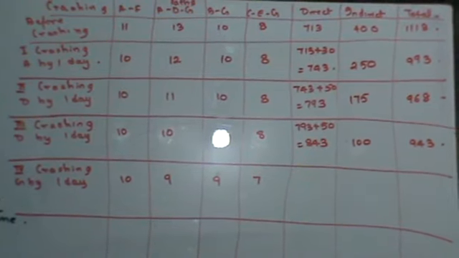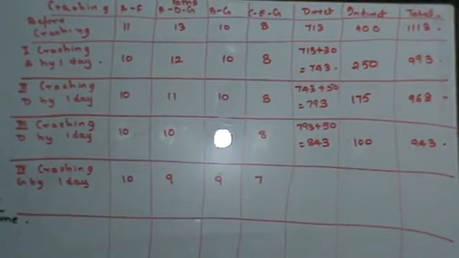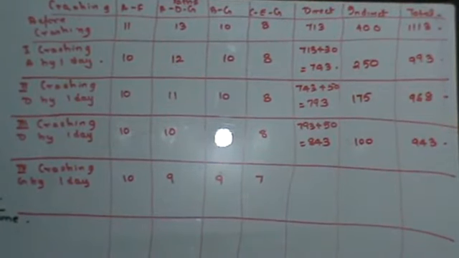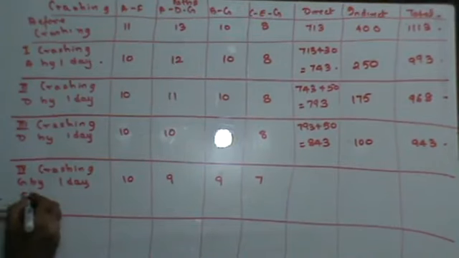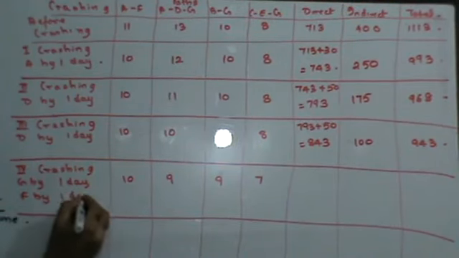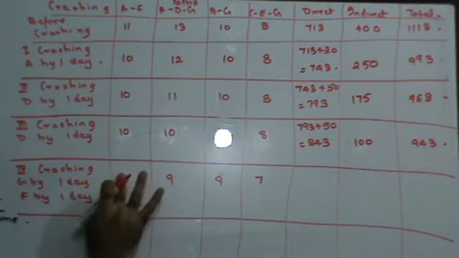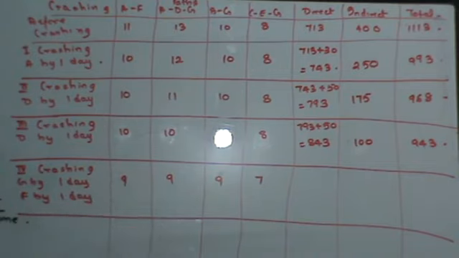A crashing is already done. We have already finished crashing of A. So I'll have to also crash F by 1 day. Right? So if I crash F by 1 day, this will also become 9. Why did I do that? So that my critical path is the path of maximum duration.